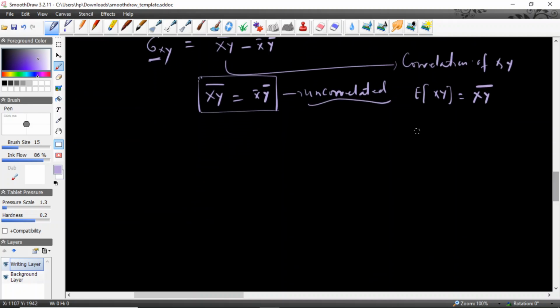So generally we define a correlation coefficient, which we call rho of xy, which is sigma xy divided by sigma x into sigma y. We normalize it so that this goes between the range of -1 to 1.